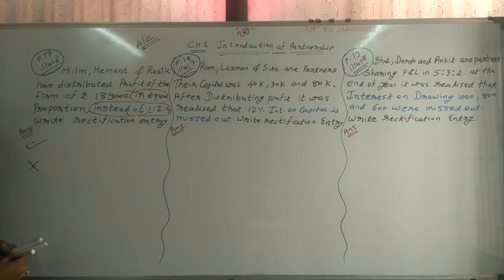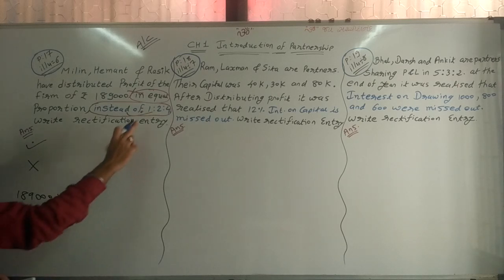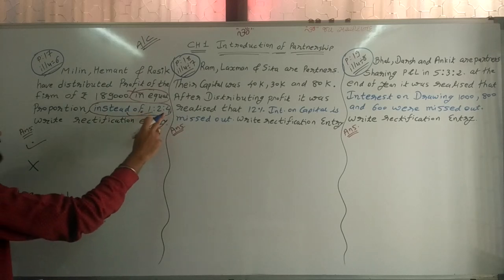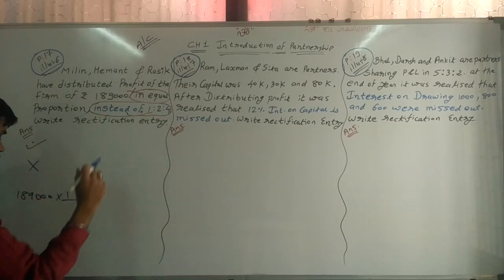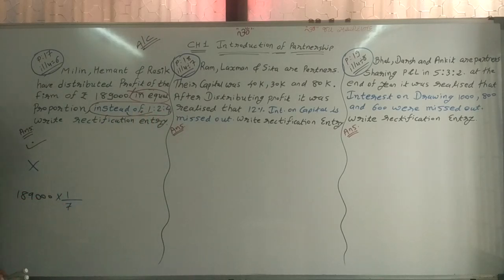So 1,89,000, first ratio is 1, so into 1, divided by 1 plus 2 plus 4. 4 plus 2 is 6, 6 plus 1 is 7, so here we write 7.